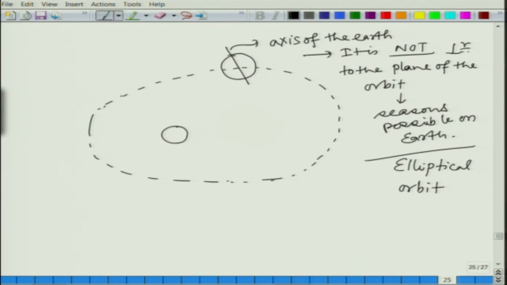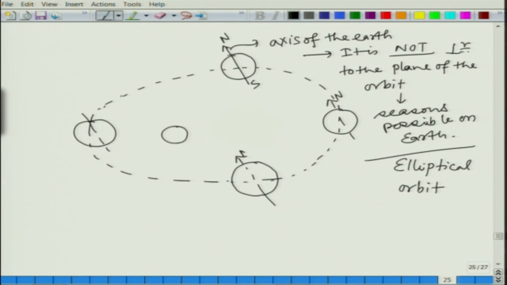Okay. So, before we go into that detail, let us say that we have 4 seminally important positions of the earth on this orbit. Everywhere the rotational axis is the north south axis.